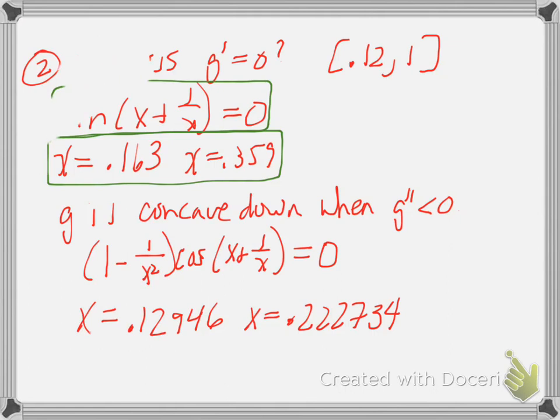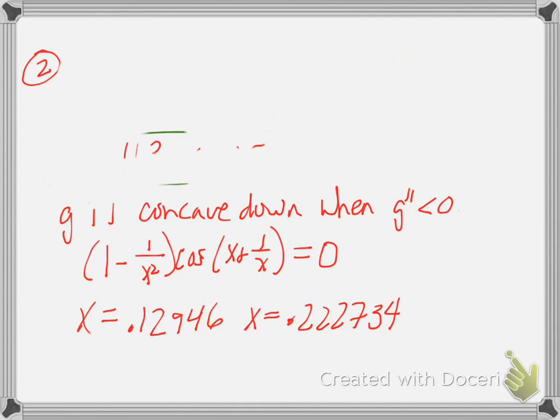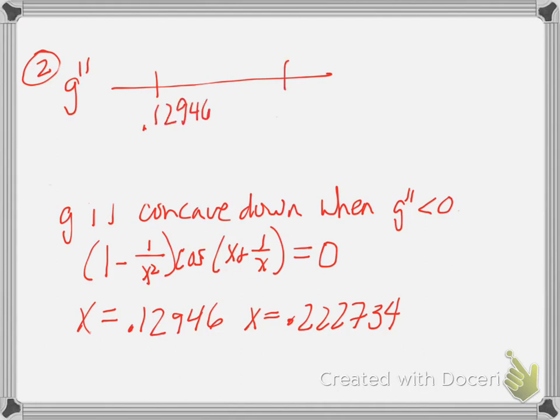Now remember, you can use a wiggle graph for yourself, but you can never say on the AP test because of the wiggle graph. We're just really doing it for ourselves. So G double prime, and we're going to put our two solutions on here. And then we're going to try different values.